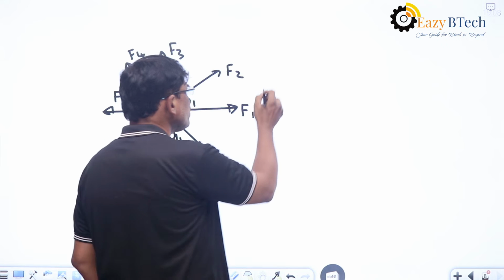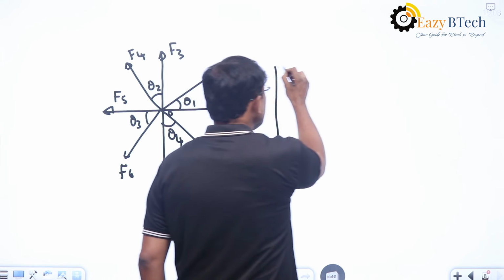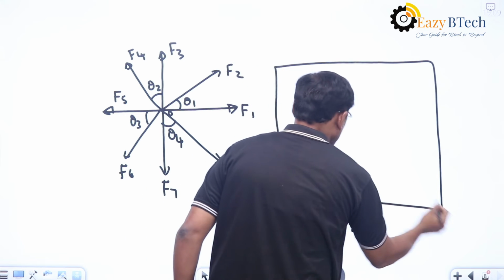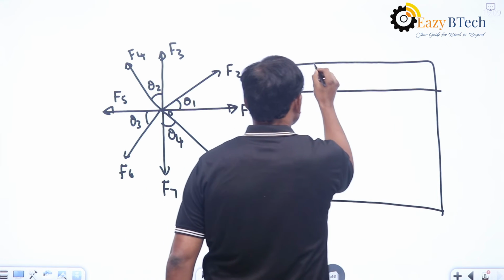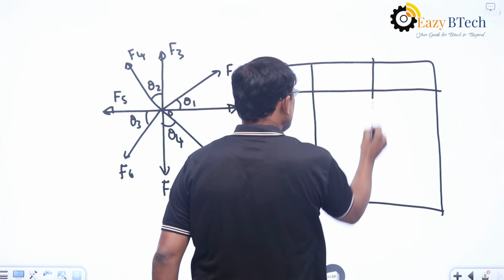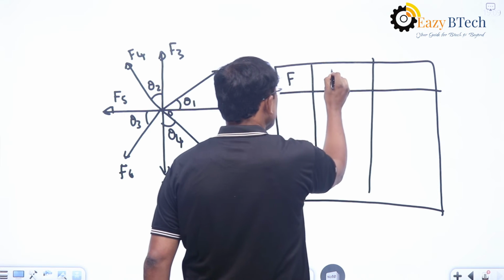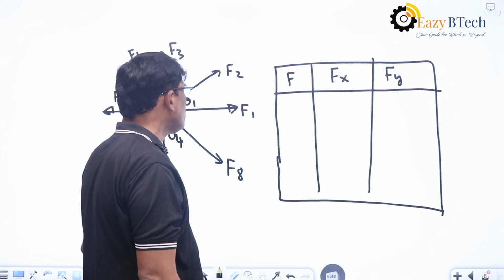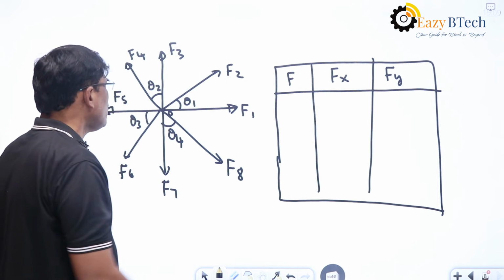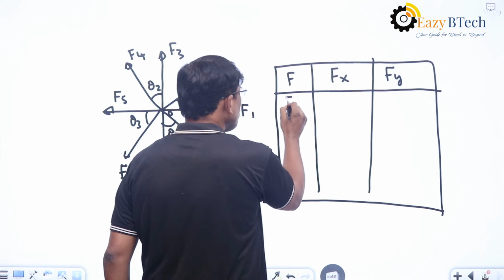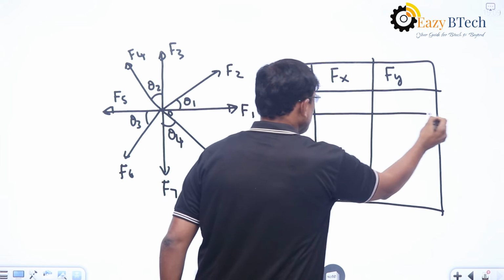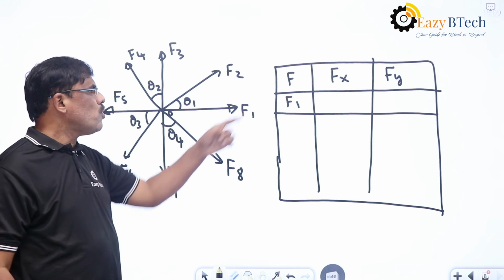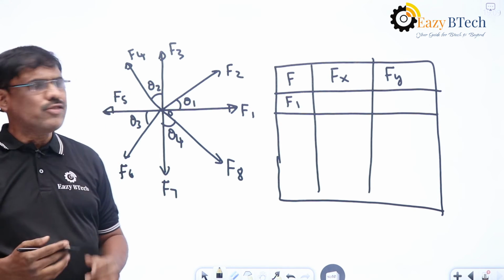So in such a case, now you write x and y components of each force in a tabular form. So let us say this is F and Fx, and this one is Fy. So here, if you take F1, because F1 is acting along x-axis here, the x component is F1 and y component is 0.